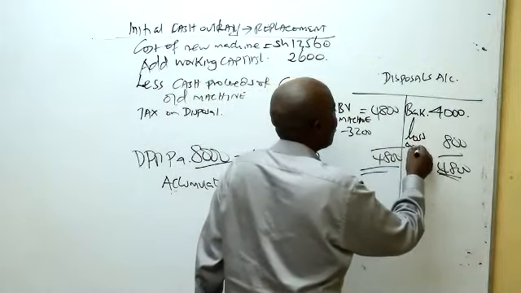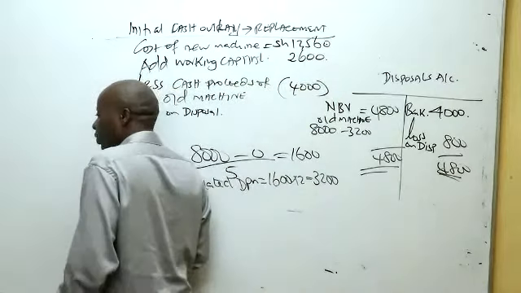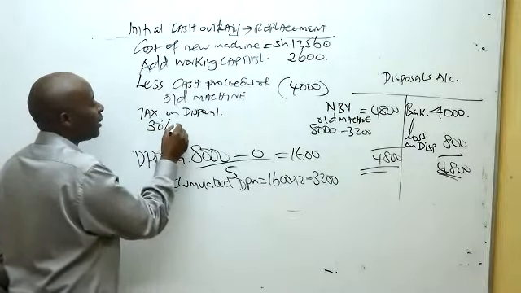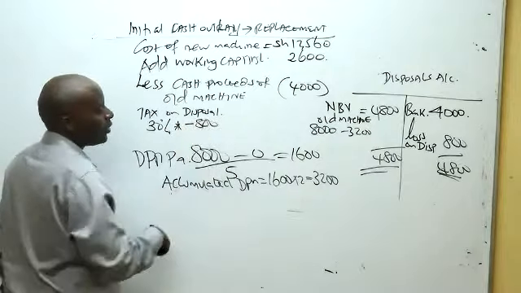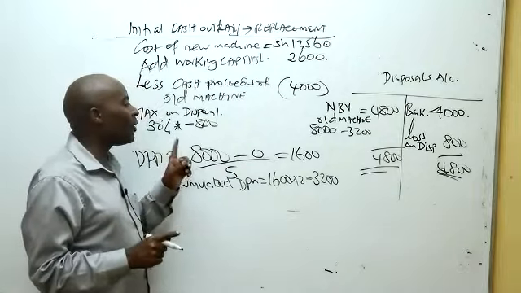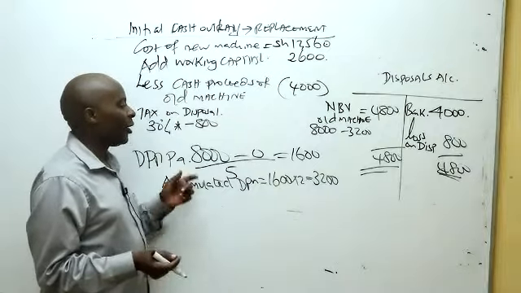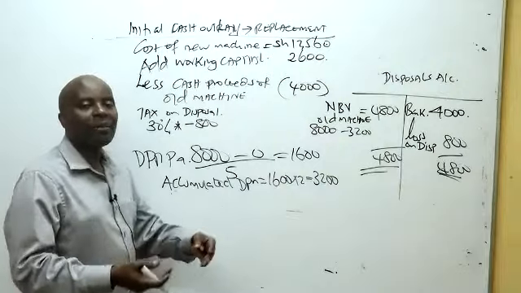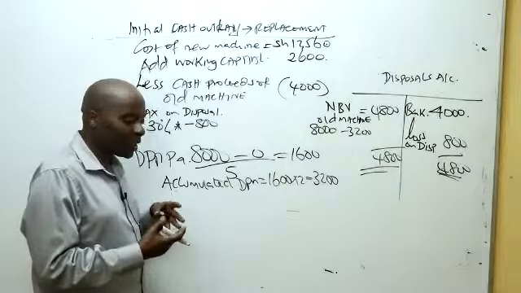So what we shall do, ladies and gentlemen, is to come right away here and take 30% of my loss. My loss, which is minus what here? 800. Remember, many times I've proven to you that whenever you get a loss, it is important for you to tax it. You tax a loss, a negative profit. So 30% of minus 800, it's like the taxman is refunding money for you. The taxman is sympathizing with you.